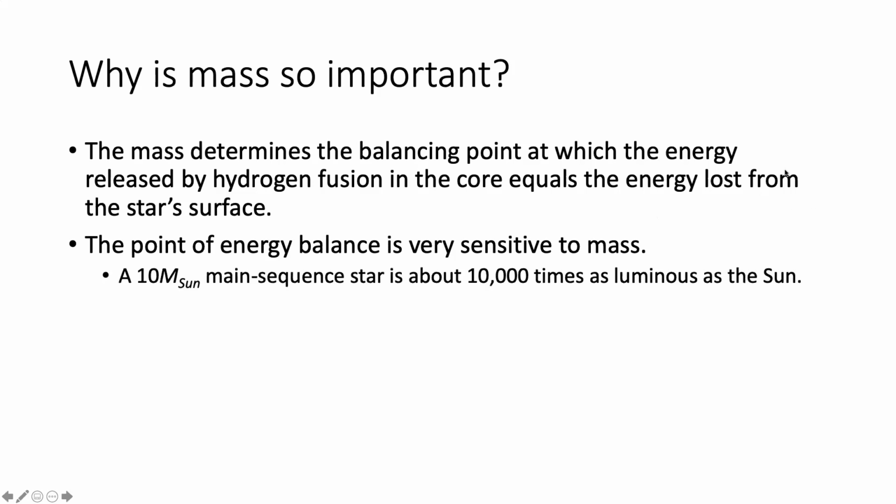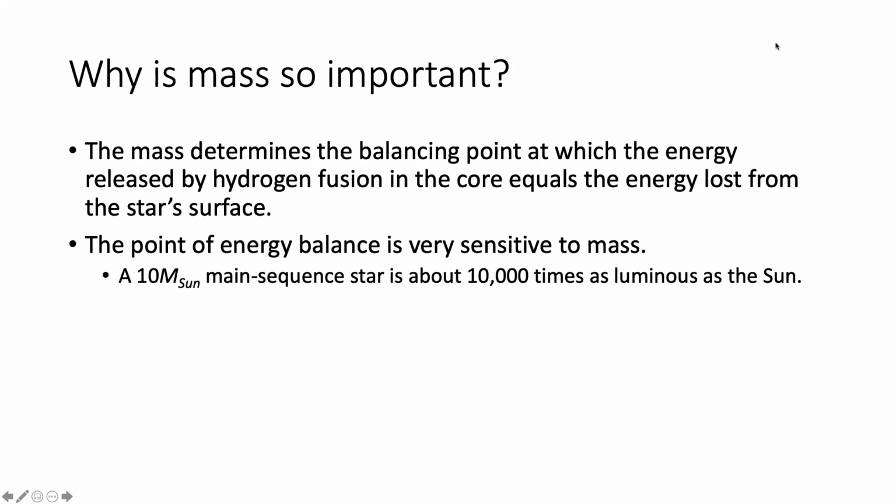Just to give you an idea of just how sensitive, a star that has 10 times more mass than our sun would be 10,000 times brighter. Not 10 times brighter just because it's 10 times more massive, 10,000 times. Excuse me, I shouldn't be saying brighter, I should be saying more luminous.